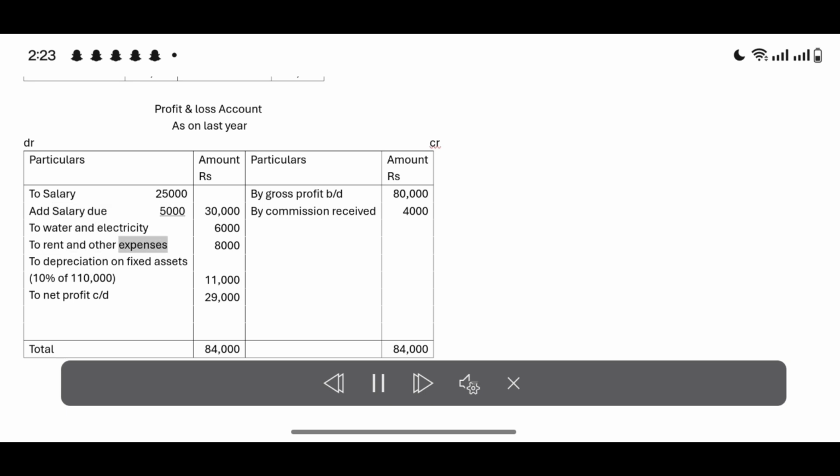To rent and other expenses, 8,000. To depreciation on fixed assets, 10% of 110,000, 11,000. To net profit c/d, 29,000. By commission received, 4,000. Total, 84,000. Total, 84,000.